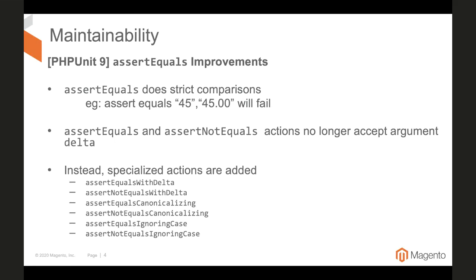That helps when you don't know the order of an array, but you know that you want it to contain all the same things. And then, of course, assertEqualsIgnoringCase and assertNotEqualsIgnoringCase. That just means ignoring the case sensitivity, so capital A would equal lowercase a. These are new actions that you can use in your tests, just like anything else. But the important thing to note is that assertEquals did change, so be a bit more careful when you write tests using that action. It's going to be more strict.